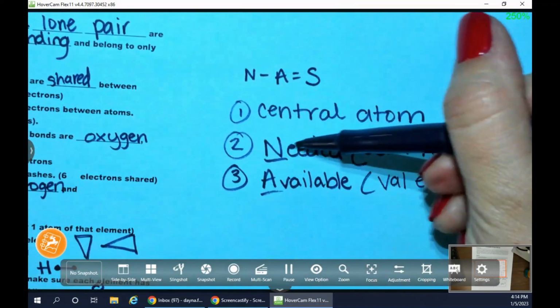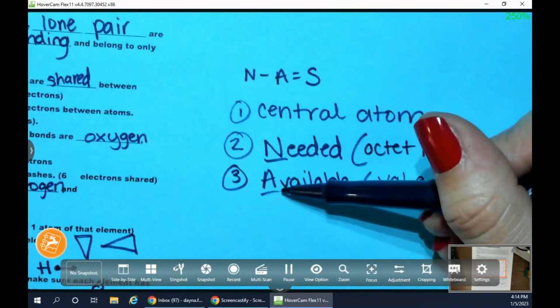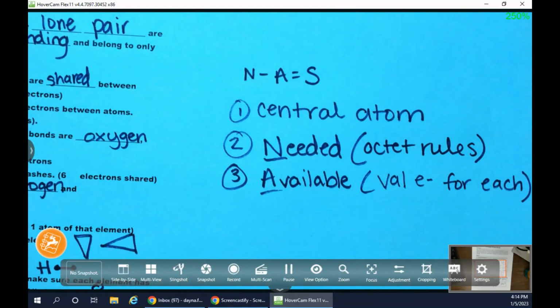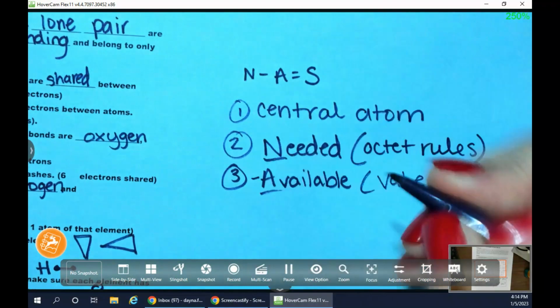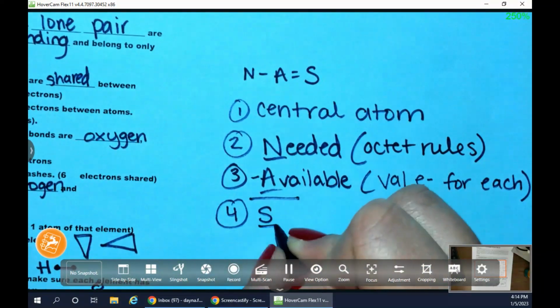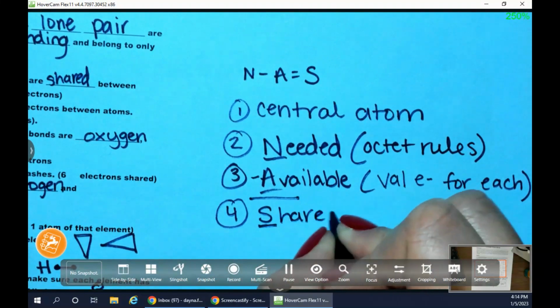You're going to take the sum of needed minus the sum of available. Okay? So you're going to subtract these two, and you will come up with your shared number.